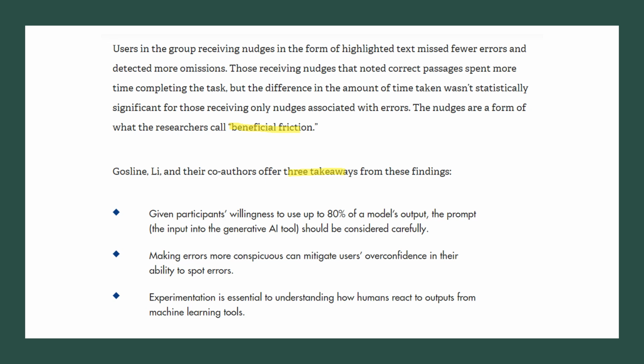Making errors more conspicuous can mitigate users' overconfidence in their ability to spot errors. Experimentation is essential to understanding how humans react to outputs from machine learning tools.